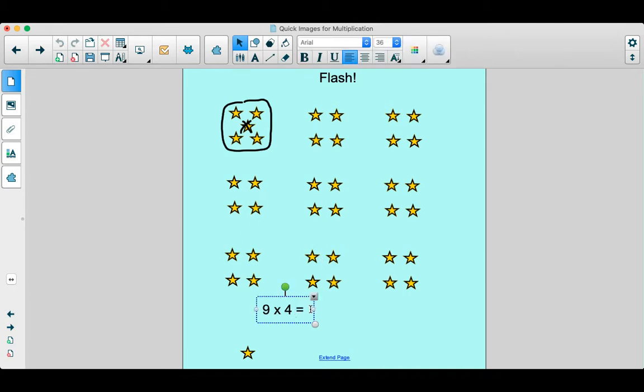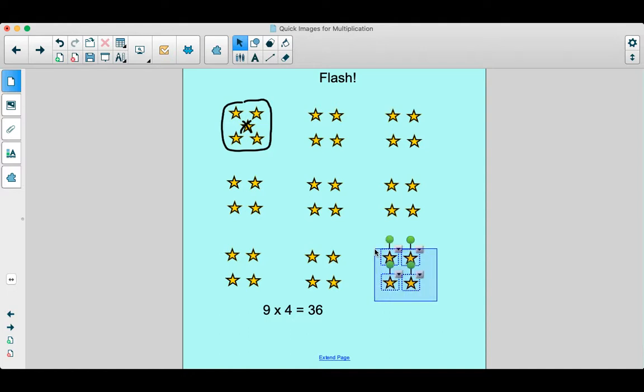And then you're like, 9 times 4 equals 36. Whew, that was a lot of thinking. Now I got to get rid of this little star down here. It was supposed to be my helper star, but it caused more problems than it was worth. Goodbye, star.